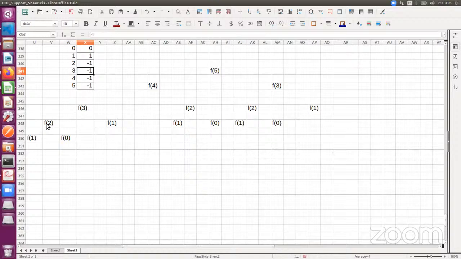So go to f of 2. It is also not calculated. So I go to f of 1. F of 1 is already calculated, so it will return 1. F of 0 is already calculated, so it will return 0. Now it will calculate f of 2 by adding 1 and 0.